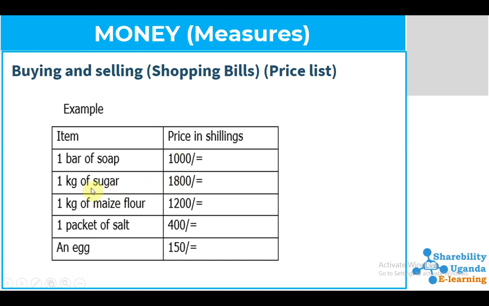What is important is to understand the concept. Here they are saying 1 kilogram of sugar is 1,800, maize flour is 1,000, salt is 400, and an egg, that means 1, is 150.